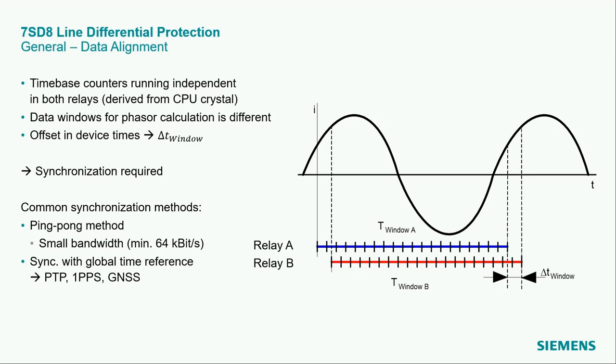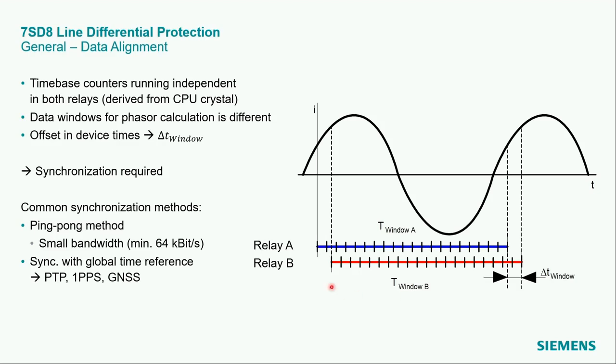The data window with 20 samples used to estimate the current phasors are not exactly at the same time. We have a difference in the sampling time in both relays, which is here marked with the delta T window. This difference needs to be eliminated, so a synchronization is required.